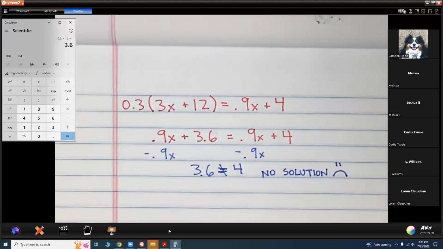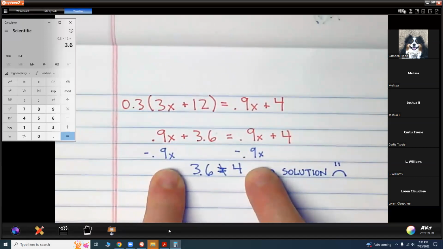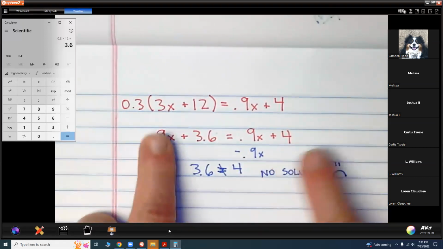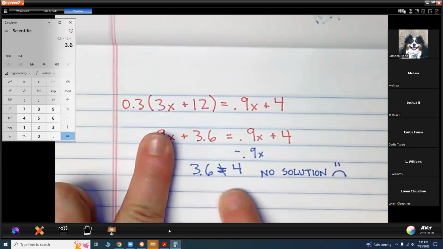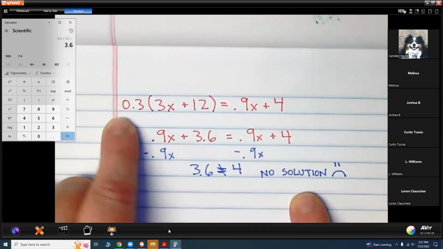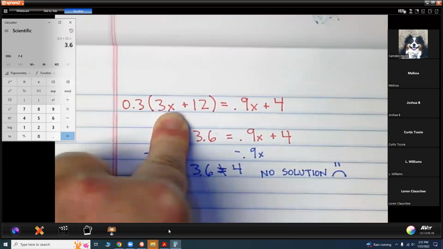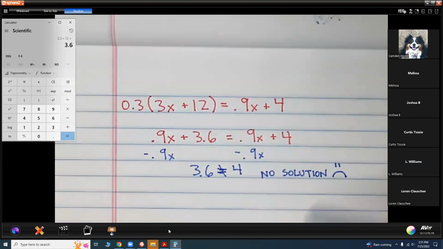Like I said, slow me down, stop me with questions. Okay, but hopefully everyone sees how these cancel, and what I'm left over with is not a true statement. So we know that at least for this equation, there's no solution, no number that we can put in for x that will make this work.